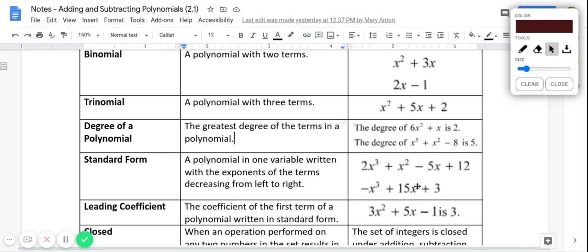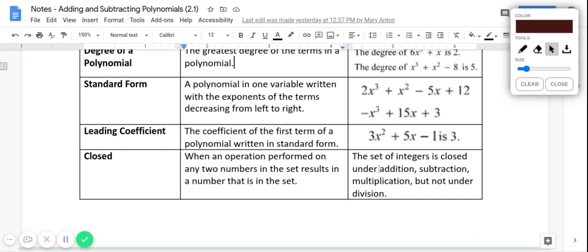All right, now standard form. This is a special way that we can write polynomials so it's easy to gather important information about them. So standard form is a polynomial in one variable, so we're only going to have like all x's or all y's or all z's, written with the exponents of the terms decreasing from left to right. So that means we put our highest exponents on the left, and then we go down to the right.